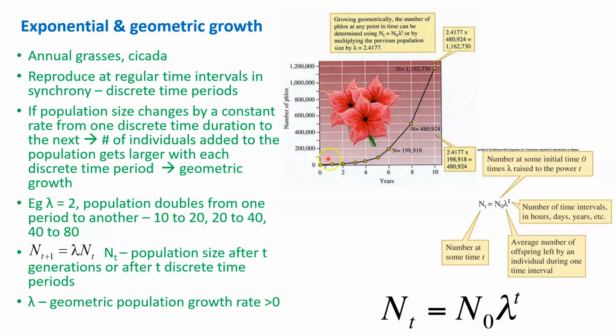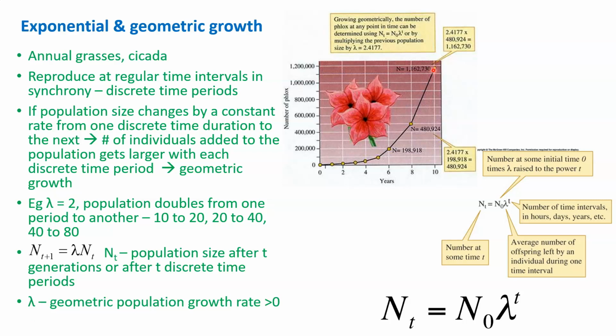So with time, as you see in this particular graph, you start with a very small population, and that population grows very slowly earlier, but when the number of individuals increase, because of the doubling, the total number of individuals in that population will increase dramatically. Okay, and this kind of population growth, that happens in discrete time intervals, where the total number of individuals increase dramatically and nearly exponentially, is considered a geometric population growth rate, right?